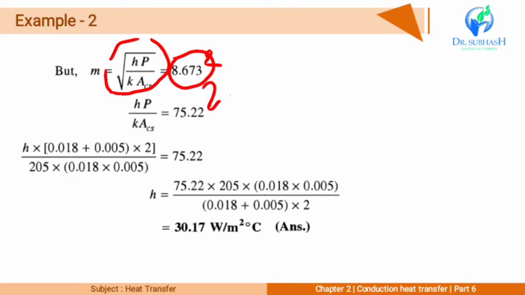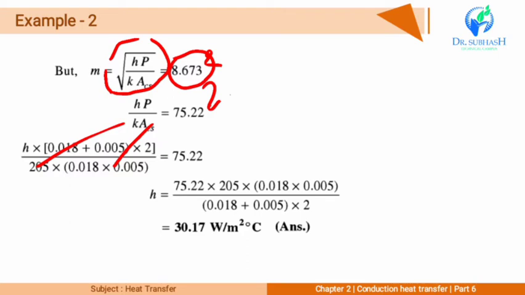Now p is the perimeter, which is equal to 2 into (b plus h), and the area is b into h. So here h into (0.018 plus 0.005) into 2, divided by k equal to 205, and area equal to 0.018 multiplied by 0.005.